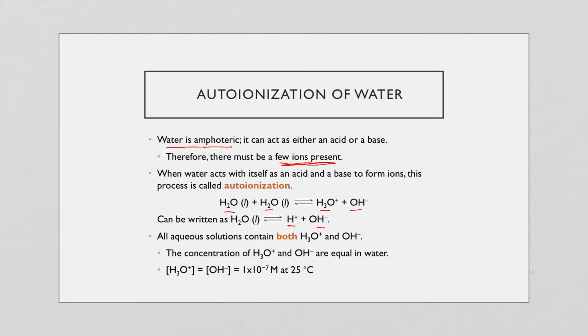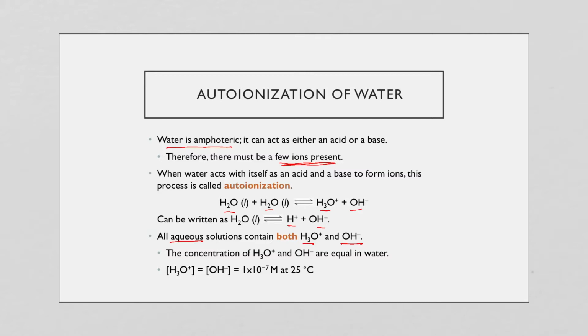Again, we can replace hydronium with the hydrogen ion. We just have to eliminate a water from the other side as well. So that means every aqueous solution always contains both hydronium and hydroxide. What's going to be different is the varying amounts of hydronium and hydroxide.